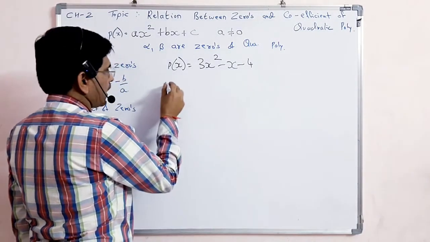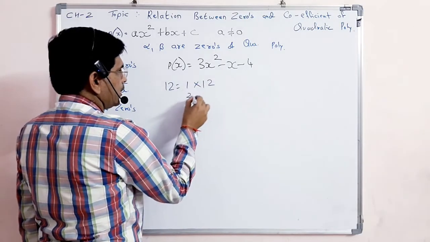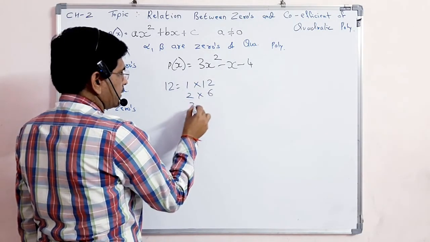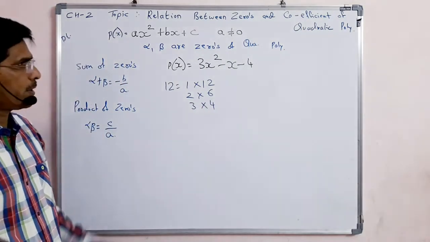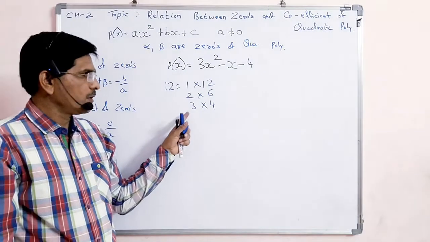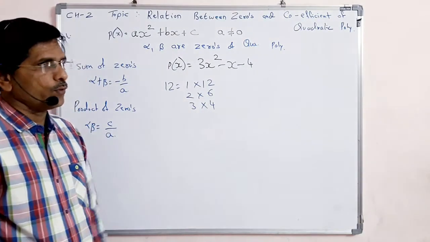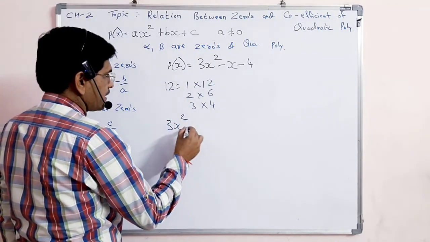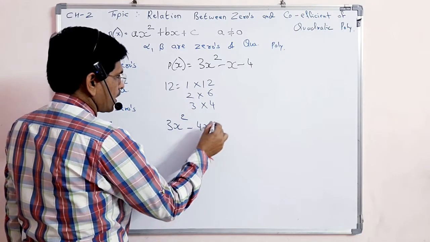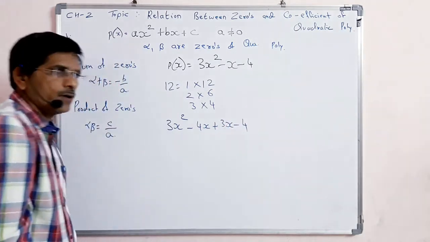The factors of 12 are 1 into 12, 2 into 6 and 3 into 4. Out of these pairs we have to select one, that is 3 into 4. So 3x² minus 4x plus 3x minus 4.